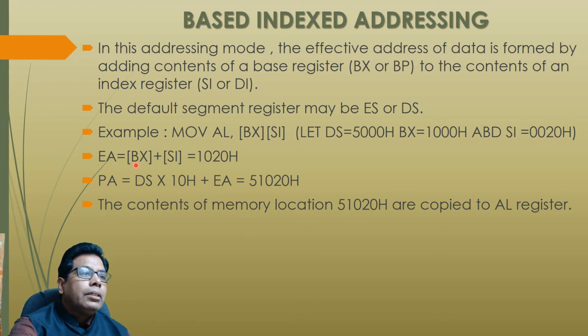Then EA is equal to BX plus SI, so that will be 1020, and physical address will be DS into 10H plus EA, so that will be 51020. The contents of memory location 51020 are copied to the AL register.